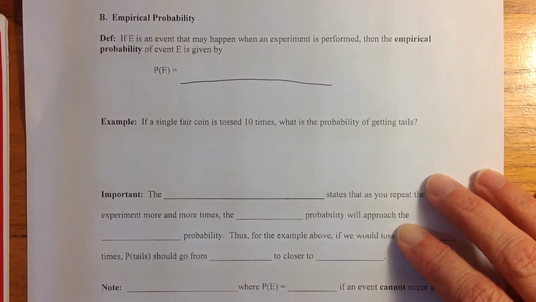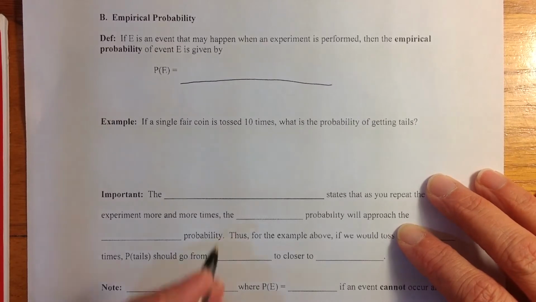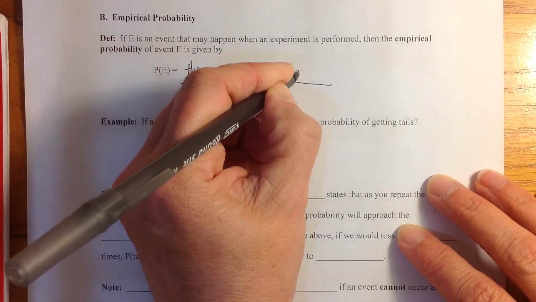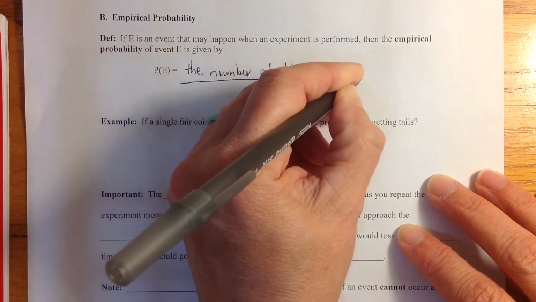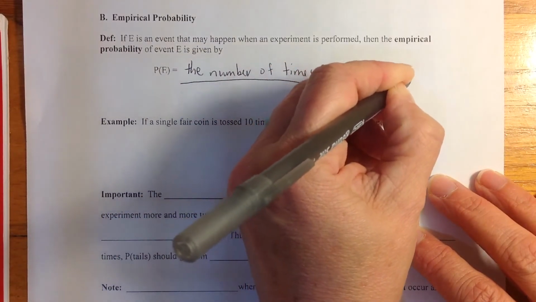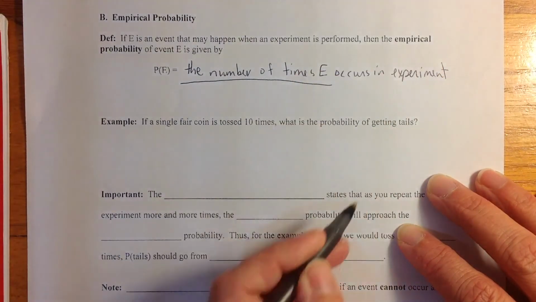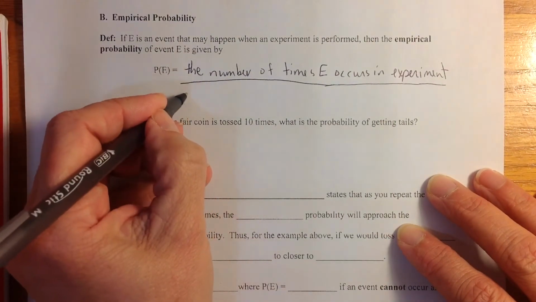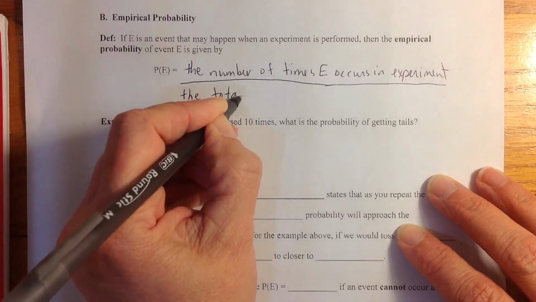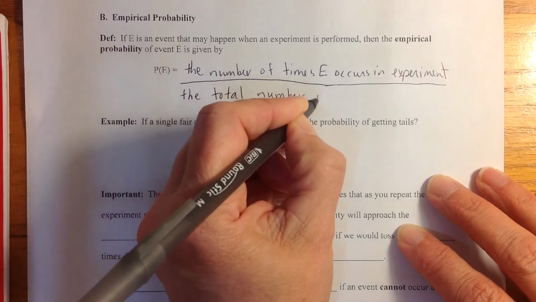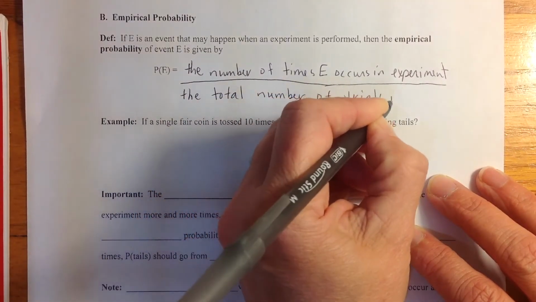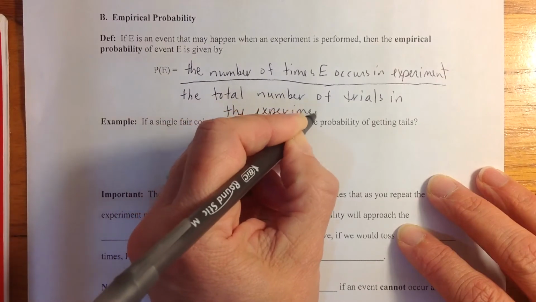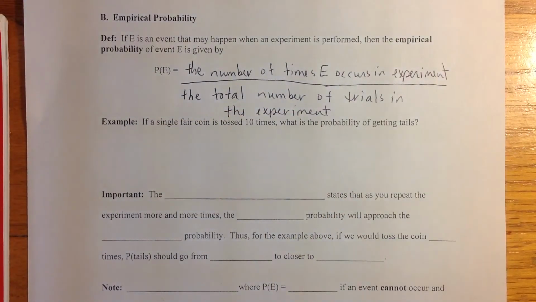The top is the number of times E occurs in the experiment, over the total number of trials in the experiment. All right, so let's look at an example.